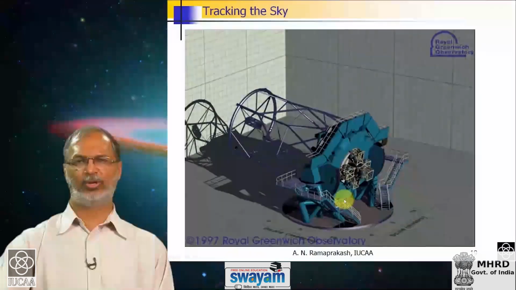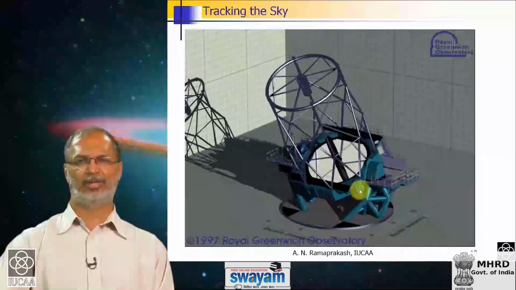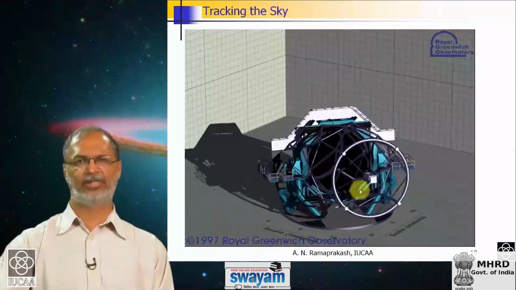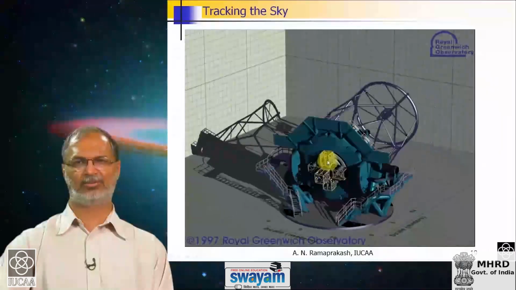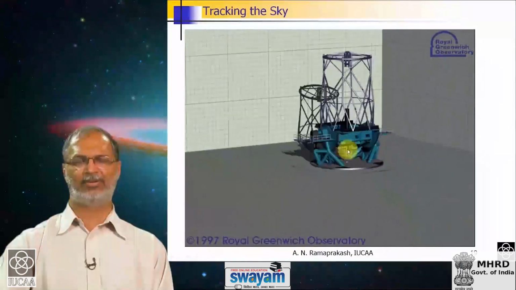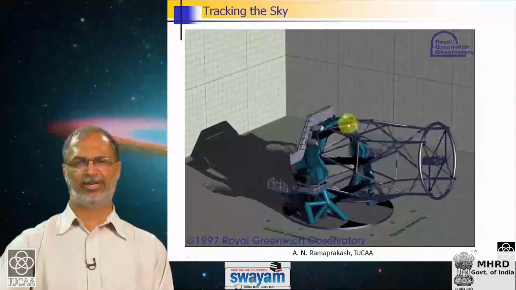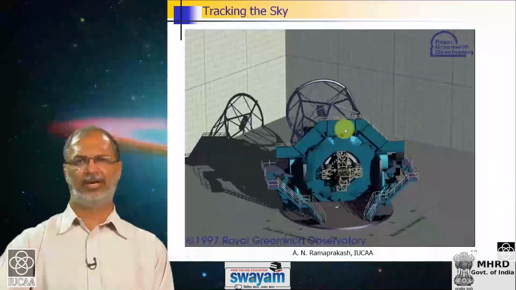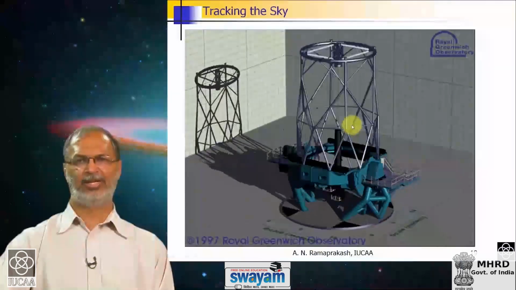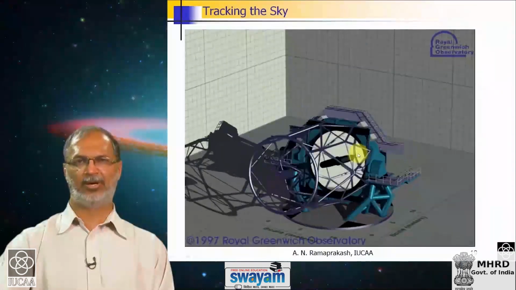So, this entire moving mass is tens of thousands of kilograms, and this moving mass has to move very accurately to point at objects in the sky as they move across the sky. It is an enormous engineering challenge to make this happen, and this is not set up in a laboratory environment.